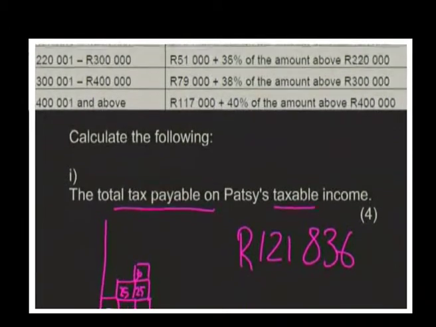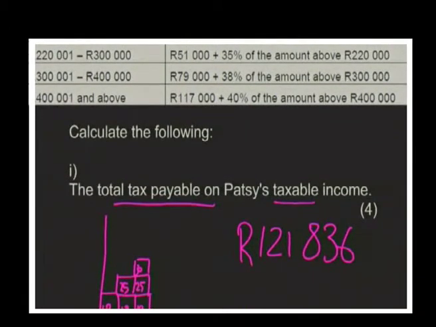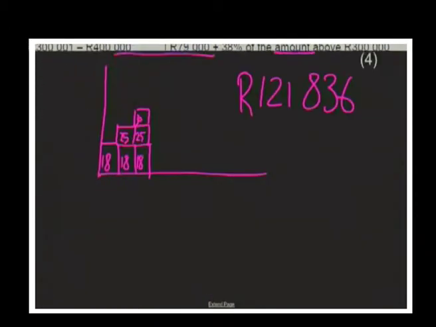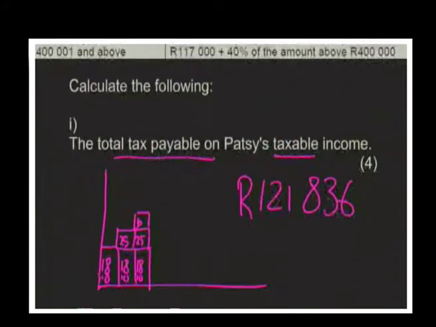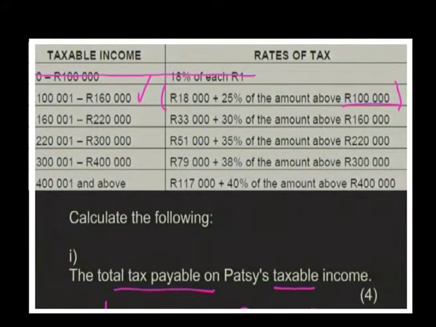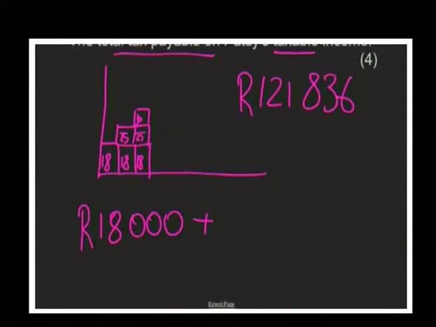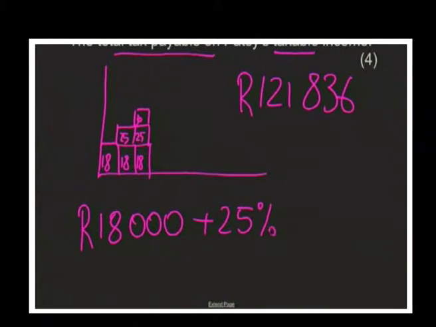I'm going to write that out exactly as I see it there. It says 18,000 Rand plus 25% of the amount above 100,000. Of always means multiply.